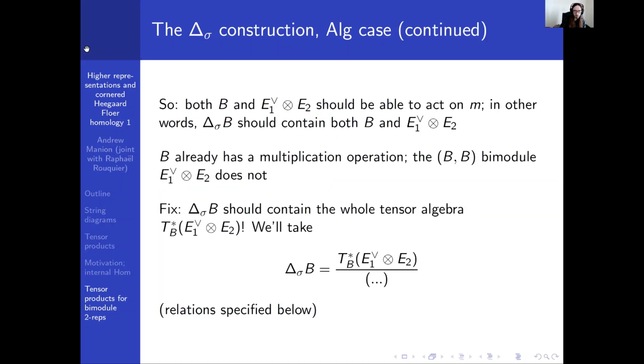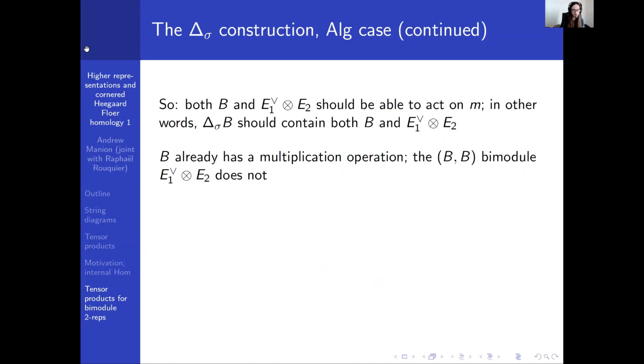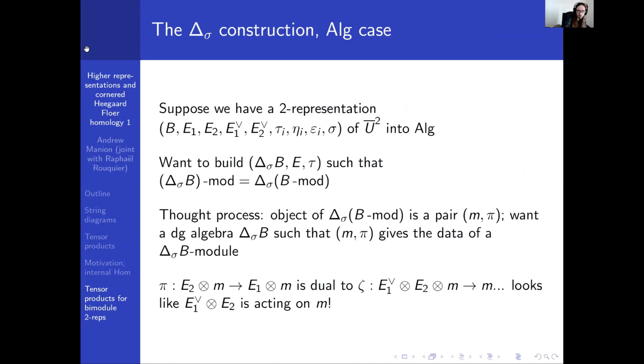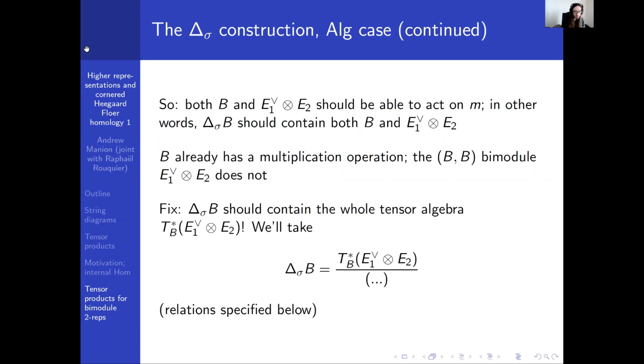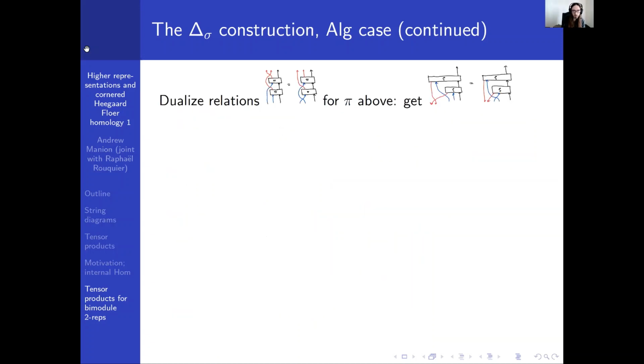So whatever this delta sigma of B DG algebra is, it should contain B, because B should act on M, and it should also contain E1 dual tensor E2, because that should also act on M. And so we're going to define delta sigma B to be a quotient of the tensor algebra of E1 dual tensor E2.